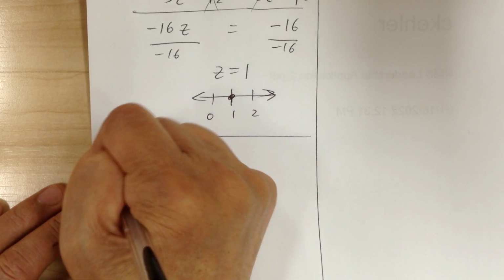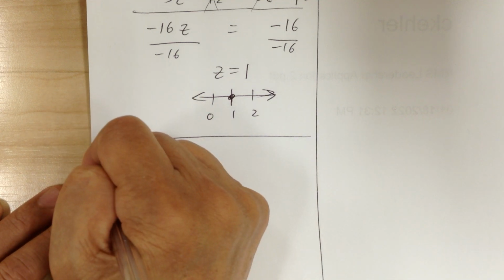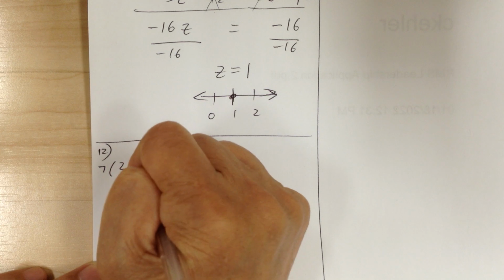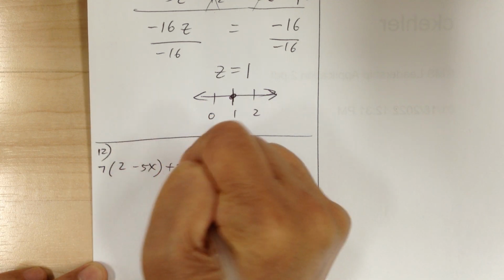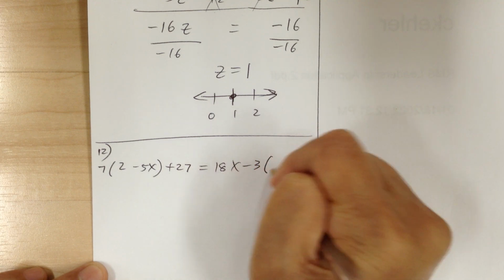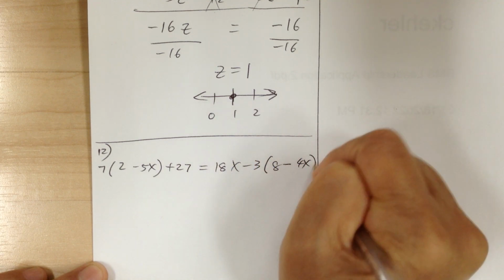Okay, number 12. You've got 7 times 2 minus 5x plus 27 equal to 18x minus 3 times 8 minus 4x.